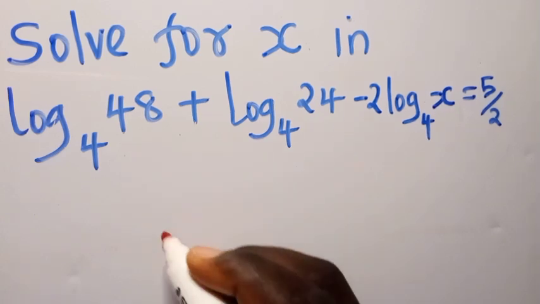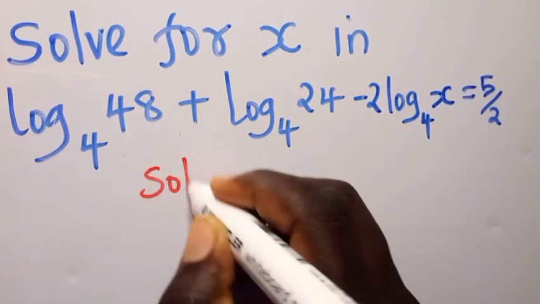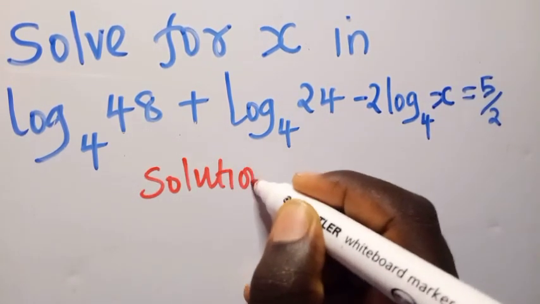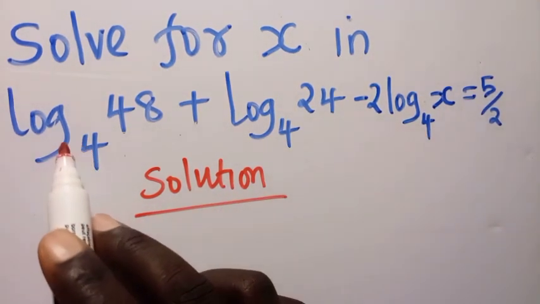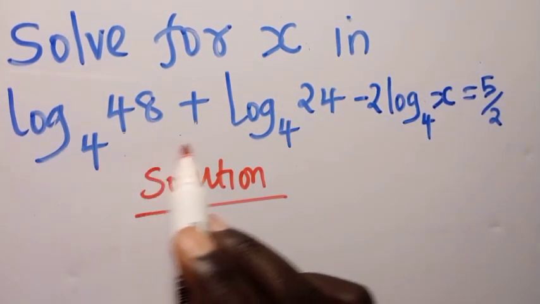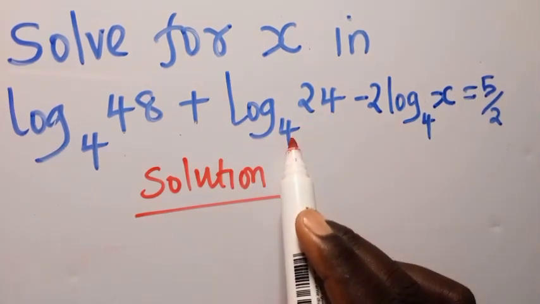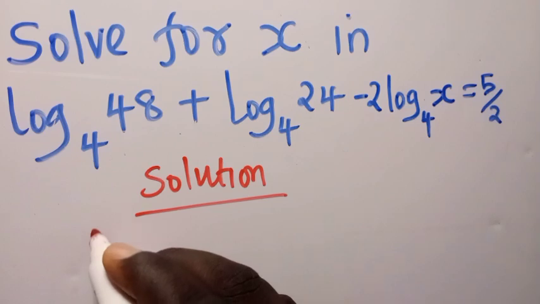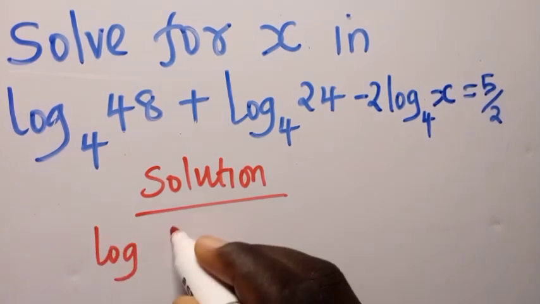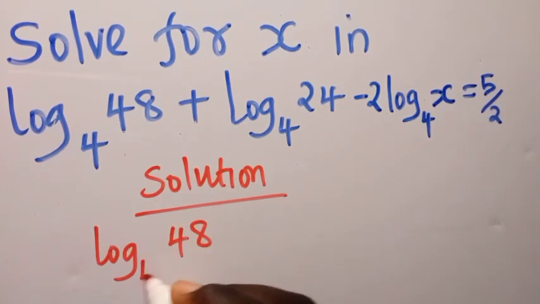And therefore, in this case, we can combine the first two. That is the logarithm of 48 to base 4 and the logarithm of 24 to base 4. We can combine them. And therefore, we shall have the logarithm of 48 to base 4.